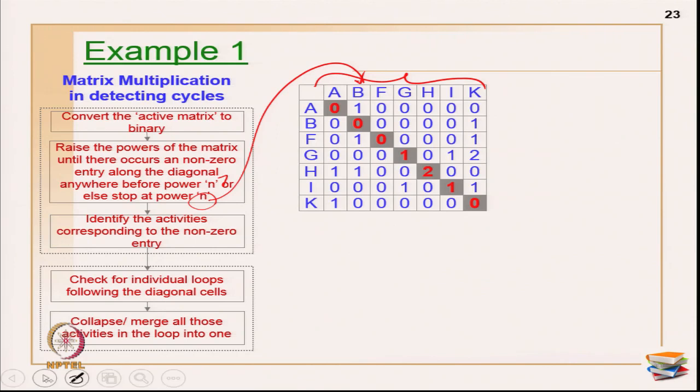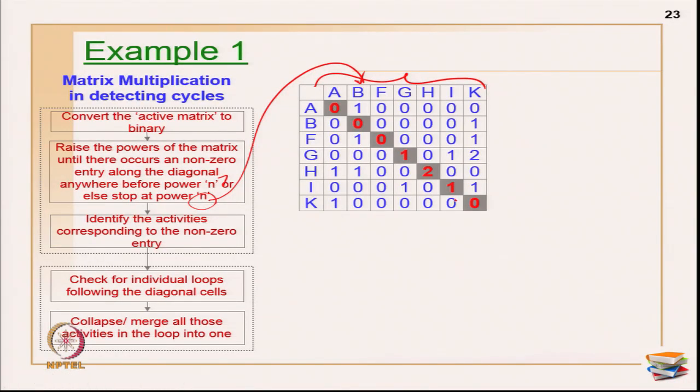Okay. So I have a binary matrix which I have shown you in the previous case. So I have done primarily one multiplication only, which we call it as a cycle of power 2. Power 2 is the binary square. Okay. So I have done multiplying only once, and what happens is I identified a non-zero entry here. Okay.